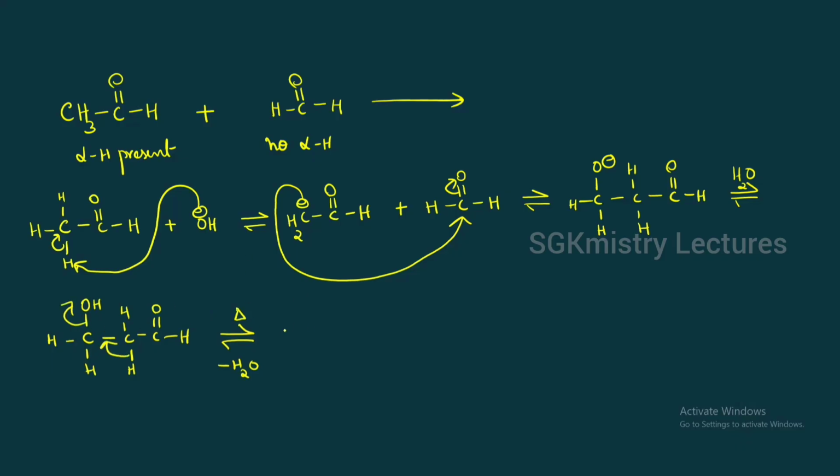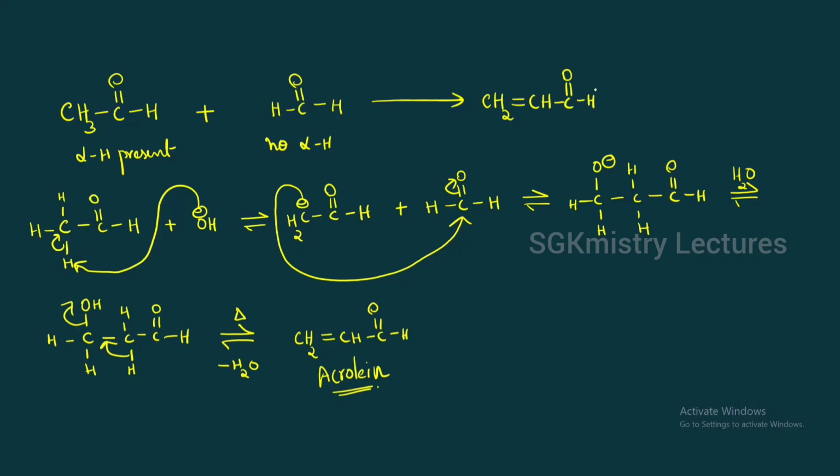This OH can be removed off. So we have CH2 double bond CH, CHO, right? So we have the single major product, that is acrolein, that is obtained here since I have taken a non-enolizable aldehyde here. Okay, so the product here is CH2 double bond CH, CHO.